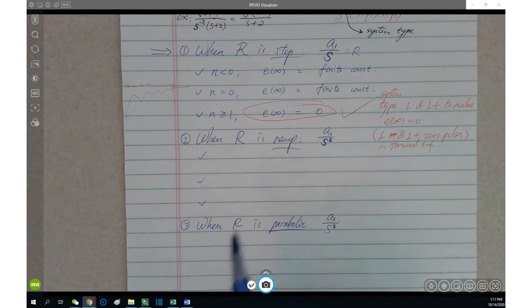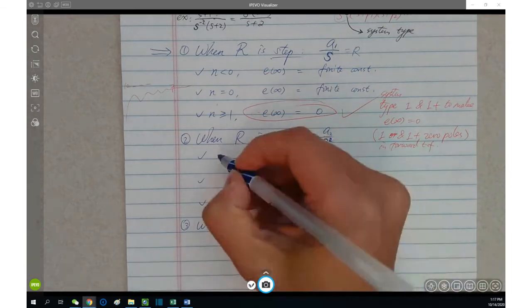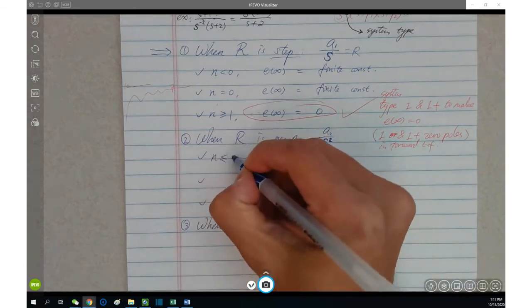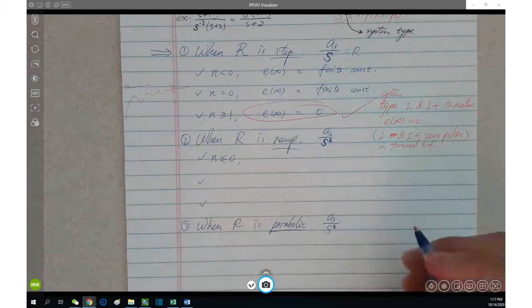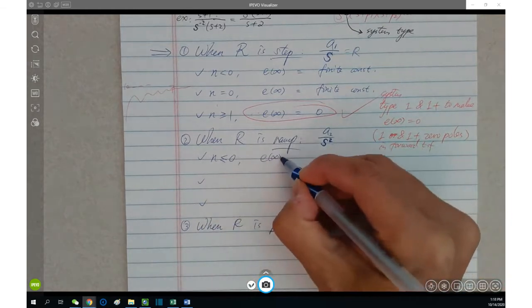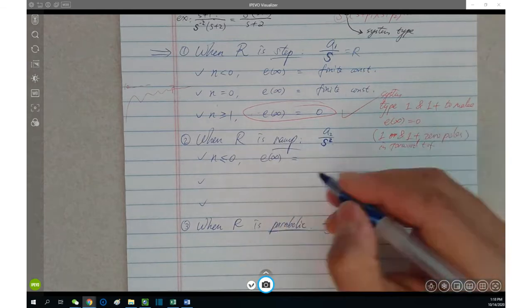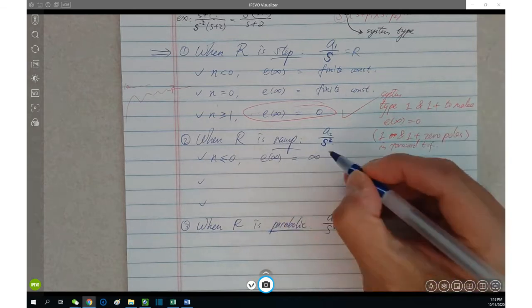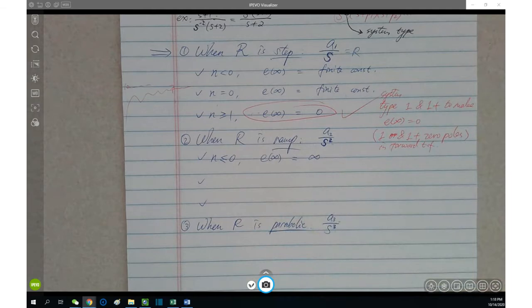So to the ramp input, if n is equal to or less than 0, steady state error is going to become what? We just mentioned the smaller the better, and now we are seeing steady state error might be infinity. This is absolutely terrible.